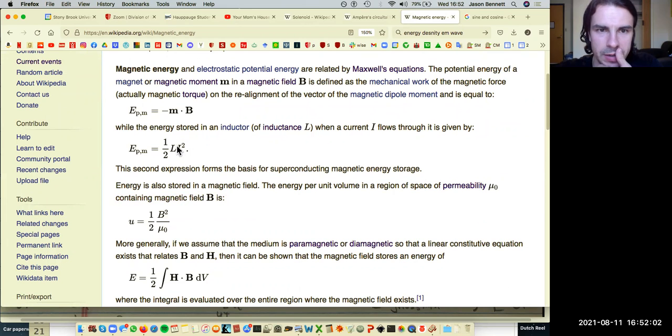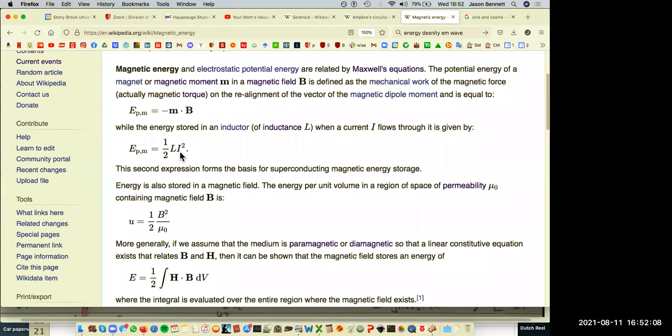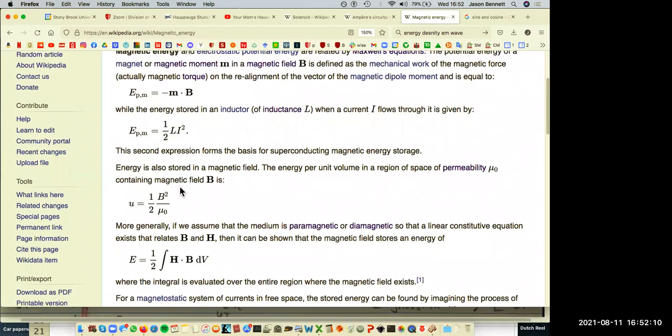Like, how is it related to an inductor? Okay. Something else.